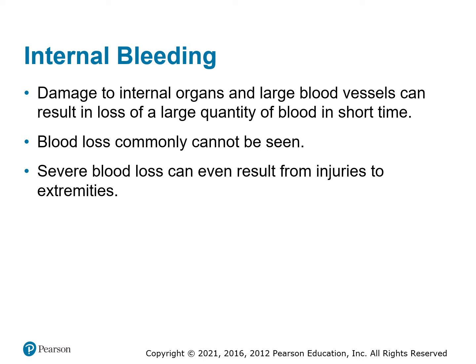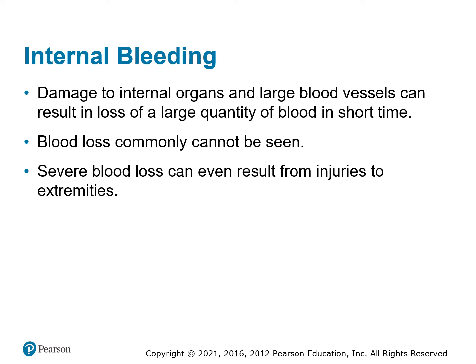And then last thing here, just talking quickly about internal bleeding. Just understand that damage to the internal organs and the large blood vessels, I mean, think about the descending aorta and how large of a vessel that is. If you damage that, you're going to lose a large quantity of blood in a short time, and it can and will result in death in a lot of patients.